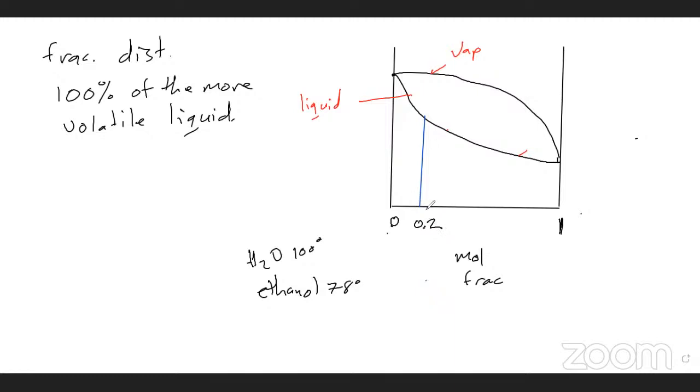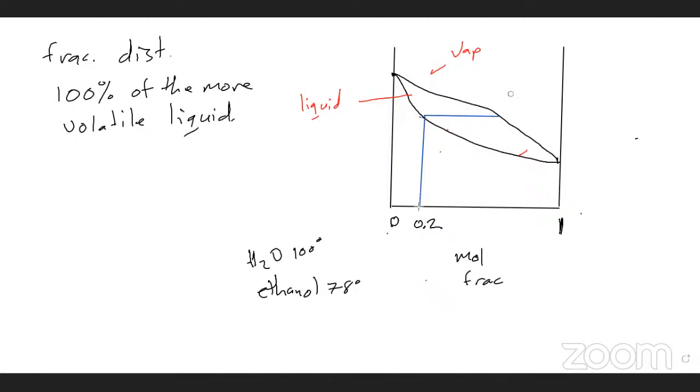So if you boil the mixture with 0.2 alcohol, draw a line going across to the vapor phase. So you draw a line across.